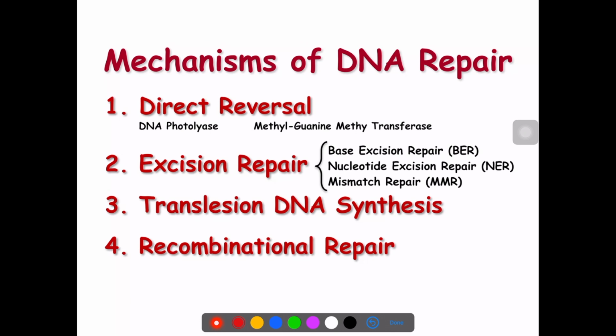Then we talk about excision repair, and we talk about how this is the most flexible, the one that can repair the vast majority of damage that happens in our cell, excision repair, specifically nucleotide excision repair. And then we talk about translesion DNA synthesis, which is not truly a DNA repair mechanism. And then we talk about recombinational repair, which is involved in fixing double-stranded DNA breaks. So with that in mind, I want to conclude this.